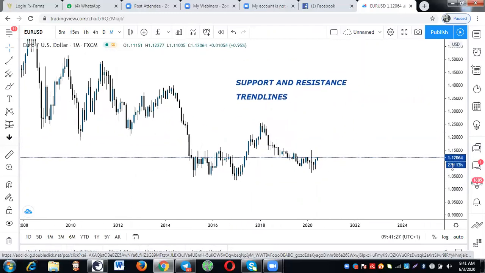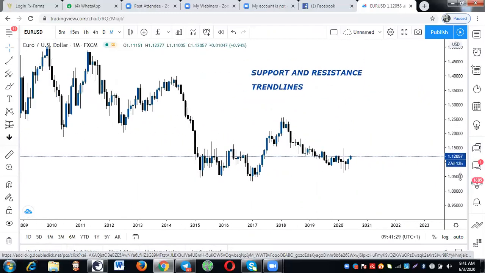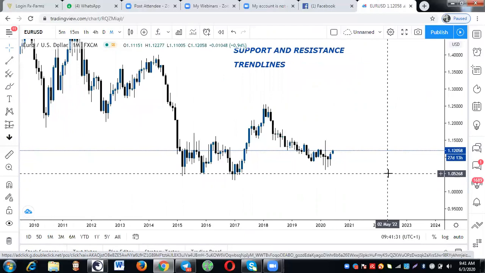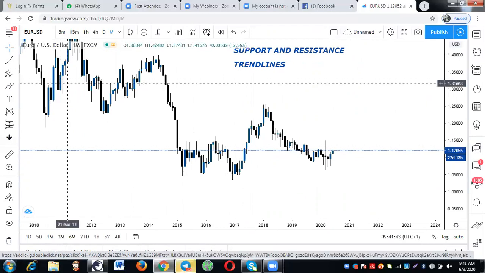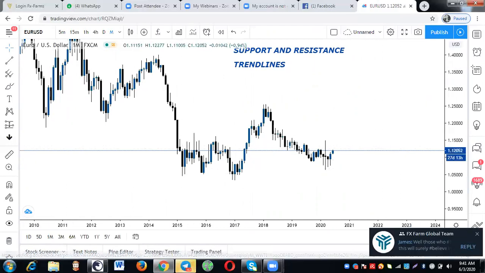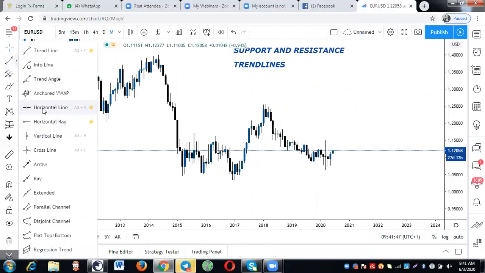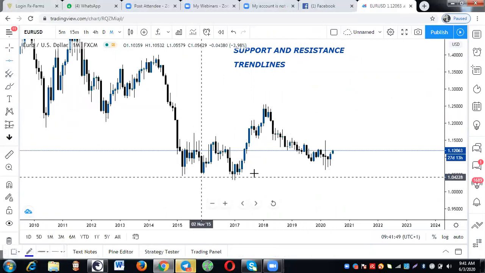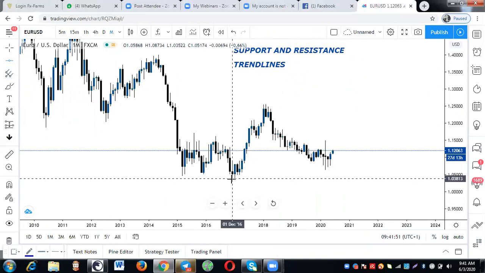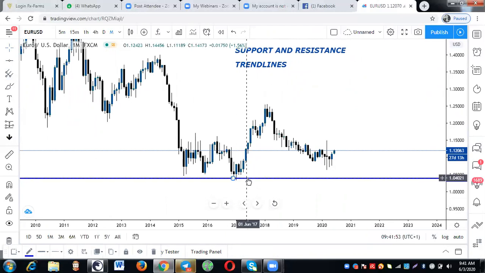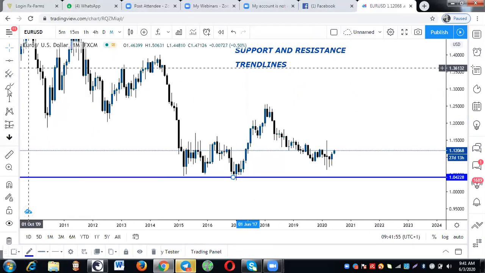So now, with the knowledge about support and resistance being a floor and a ceiling, let's now draw out our support and resistance for EURUSD. Now I'm going to be looking out for my support. Obviously I can see 1, 2 here, so I'm going to draw something here. Let me use black.